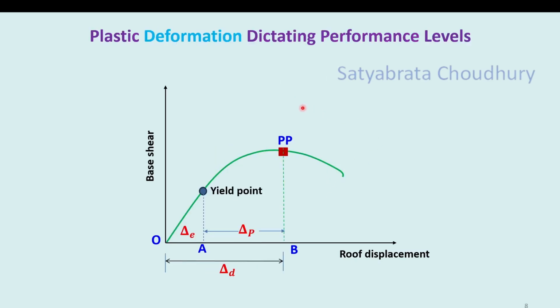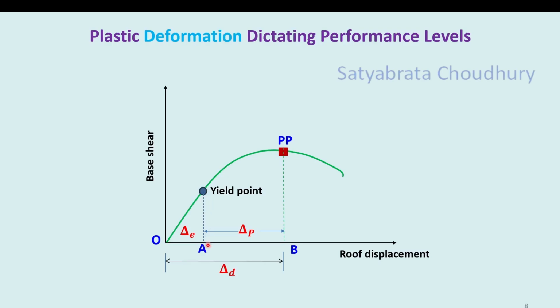Now let us see the plastic deformation dictating the performance levels. Again we have taken the response for base shear versus roof displacement. It is a response which is initially a straight line, then becomes curvilinear after the yield point. So here is the yield point. The corresponding force is the yield force, the yield base shear, and the corresponding displacement is the yield displacement.